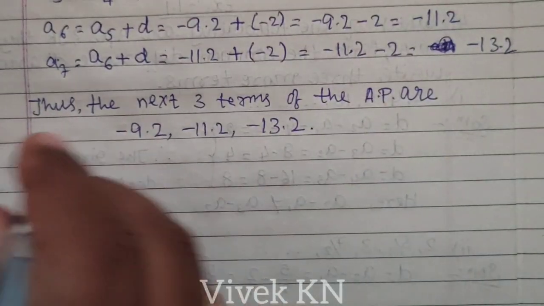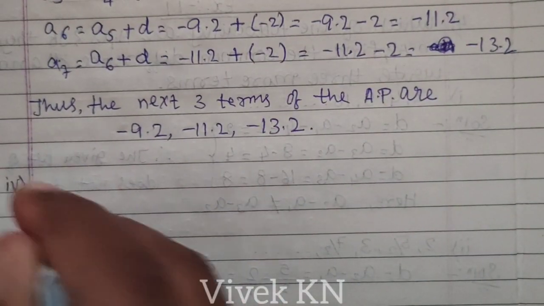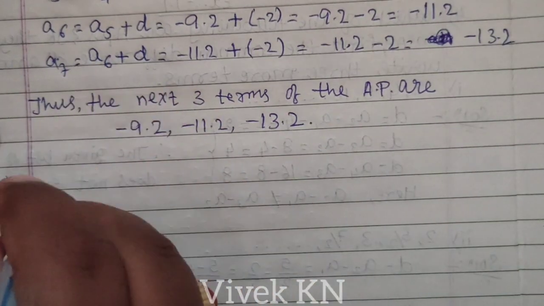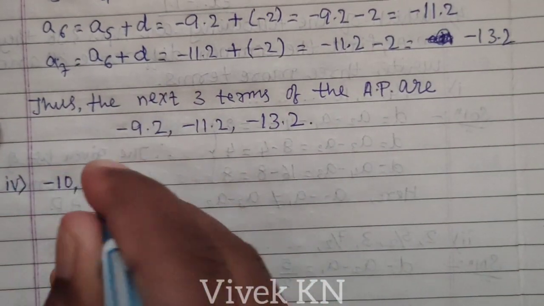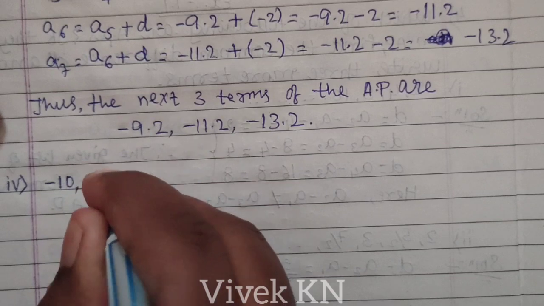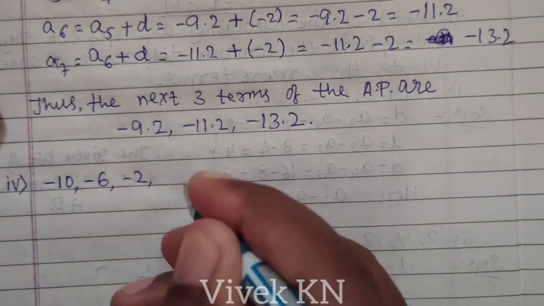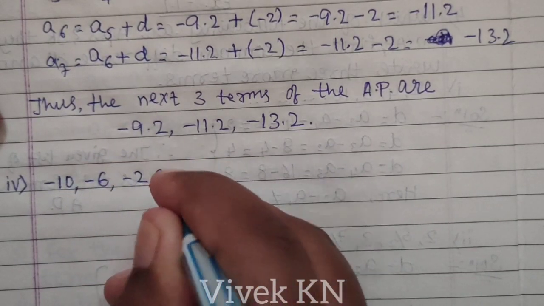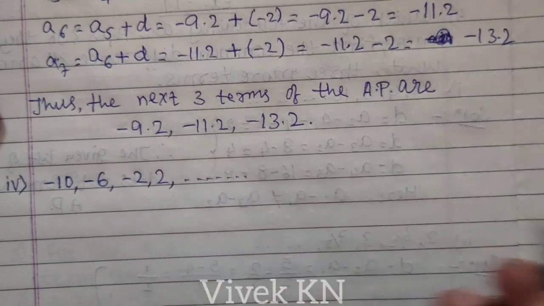Next, fourth question: minus 10, comma, minus 6, comma, minus 2, comma, plus 2, and so on.